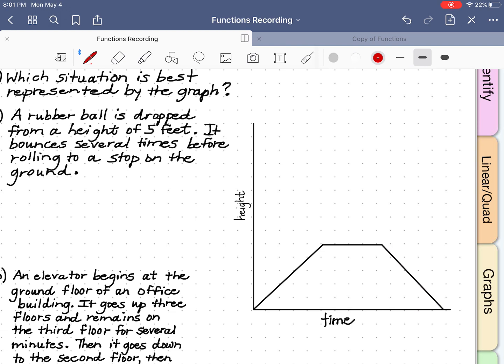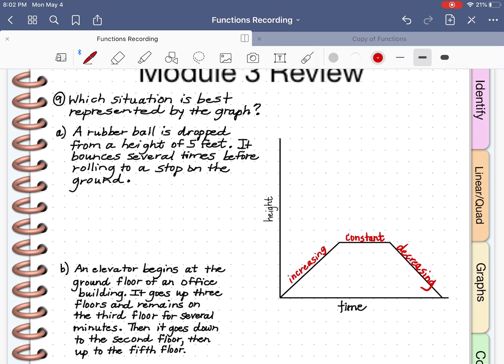And before I look at my choices, here's what I want to make sure you realize. That this is an increasing interval. And then we get a constant interval. And then we get a decreasing interval. So whichever story I pick to go with this graph has to follow that concept.